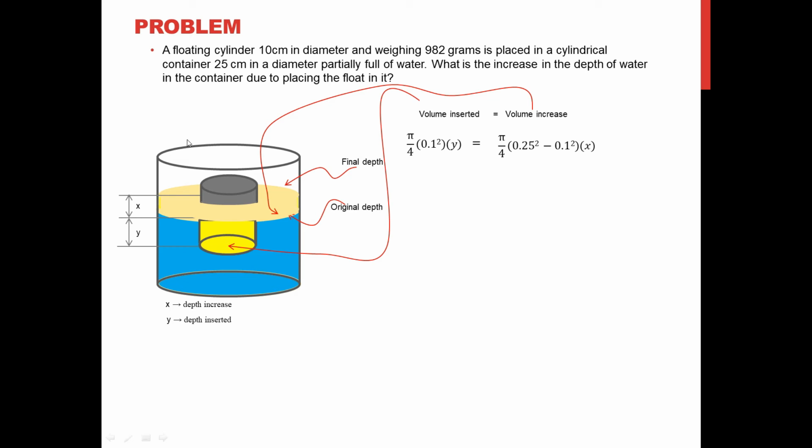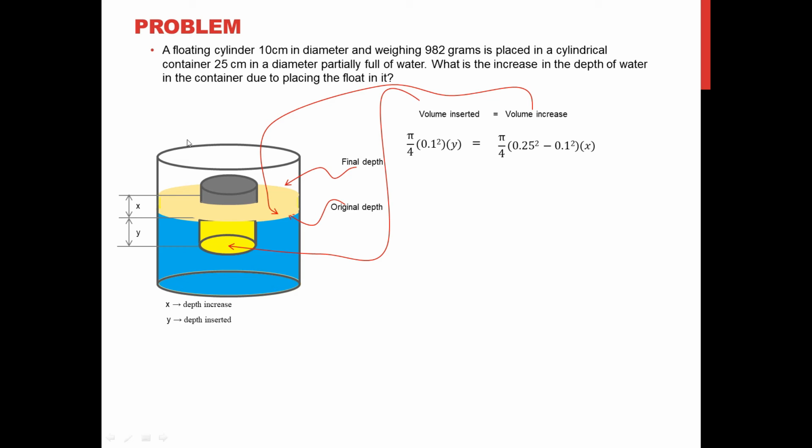Notice that we have a difference between the larger cylinder and the cylinder occupied by the float. So the larger cylinder has a diameter of 0.25 or 25 centimeter. That is according to the problem. That will be squared and less 0.1 squared, or the diameter of the float.